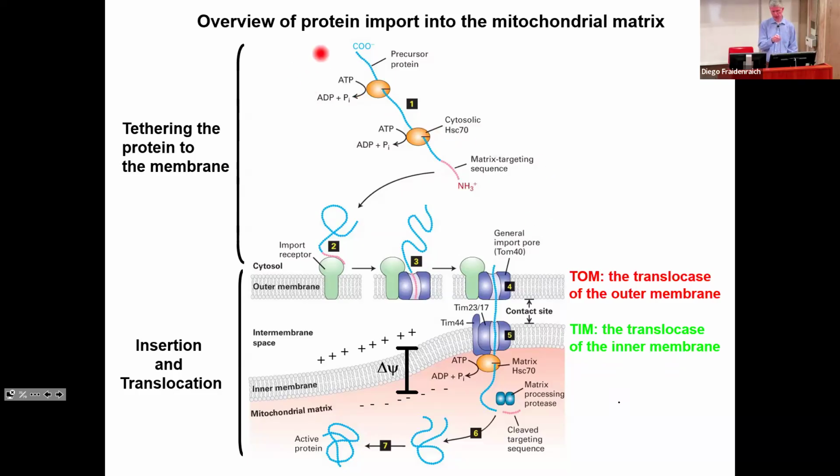Number one, the protein that's going to be imported needs to be unfolded. Proteins are synthesized by ribosomes in the cytosol, and during this process the protein itself would fold up like a spaghetti ball.